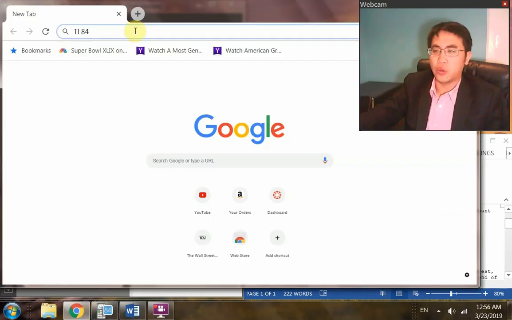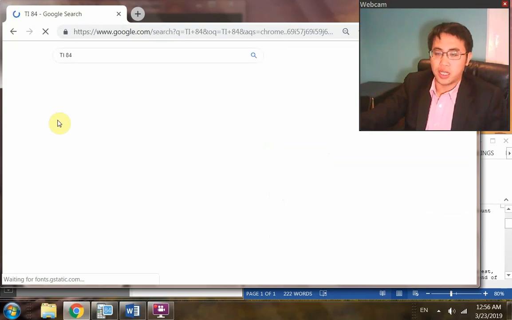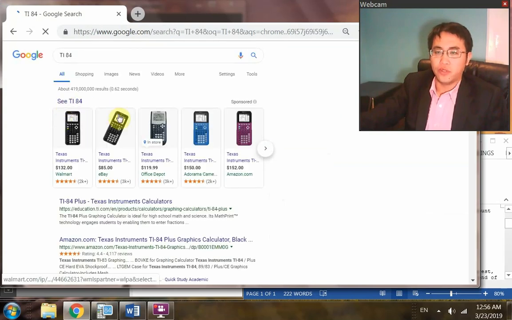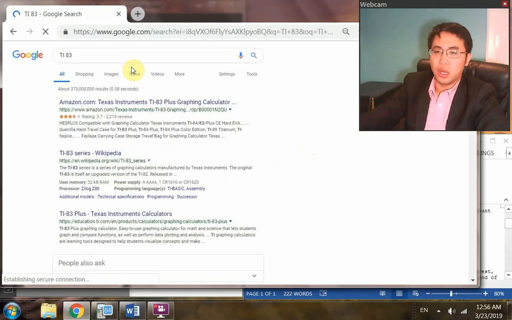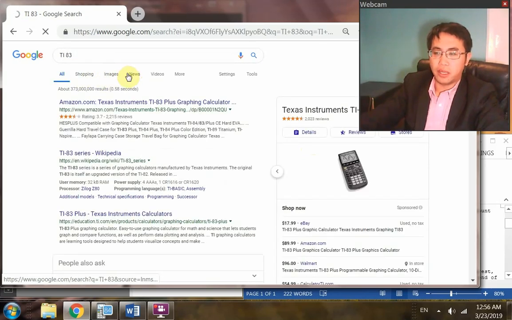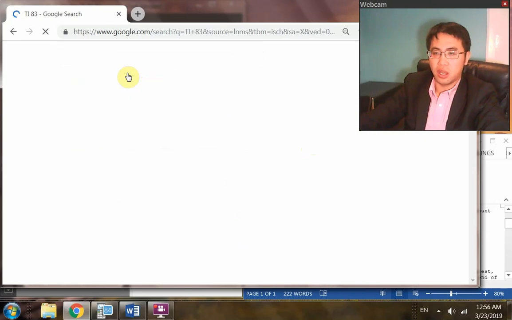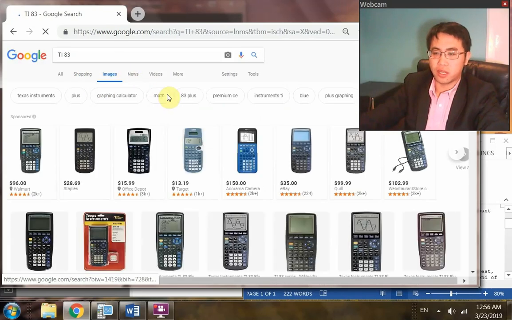You go to Google, just type in TI-84, and you will see the picture of the calculators, and you can get it from Walmart or Office Depot for $120 or so. You can also get a TI-83 or 82. It really does not matter because the functions across different models are quite similar.